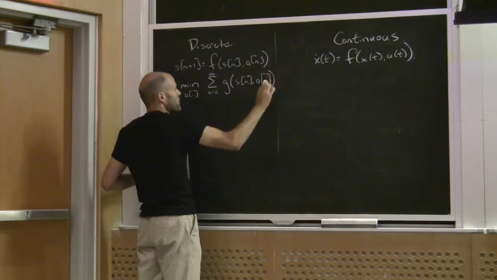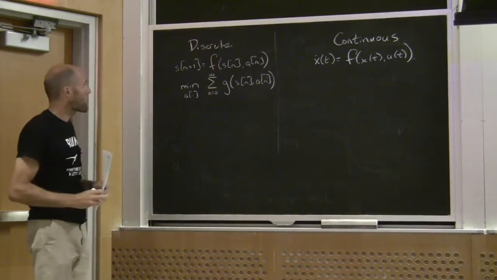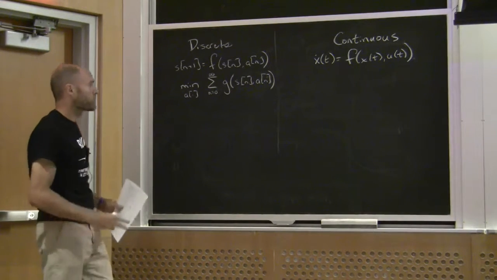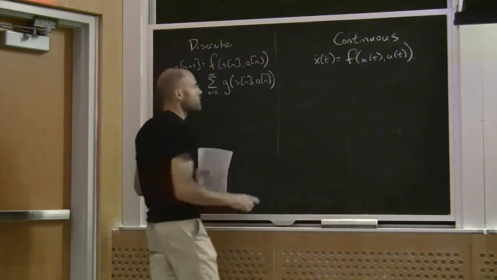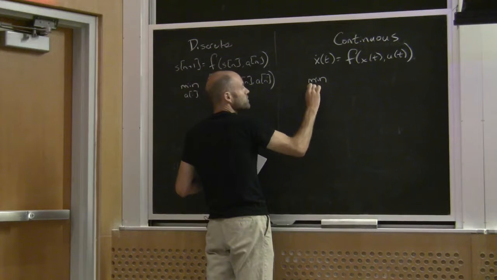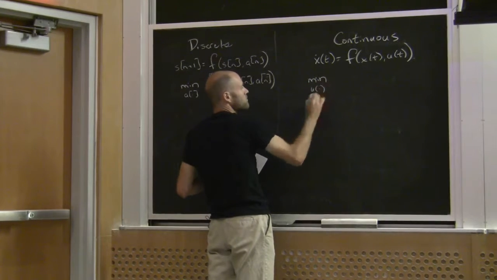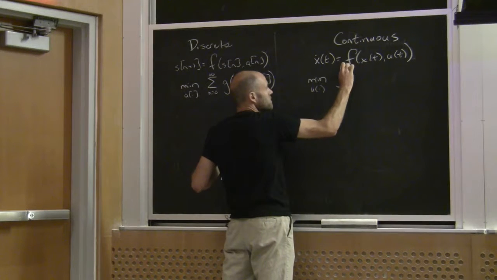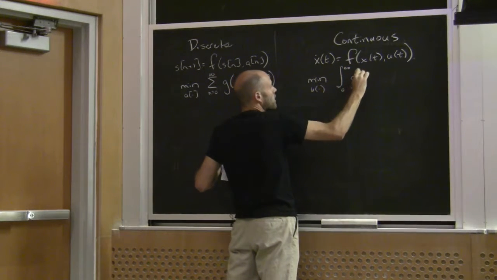That was the one that worked well with our graph search algorithm. So the corresponding thing we'll write today is we'd like to minimize U for all time over some integral cost.